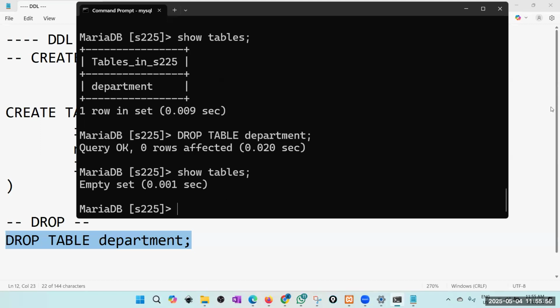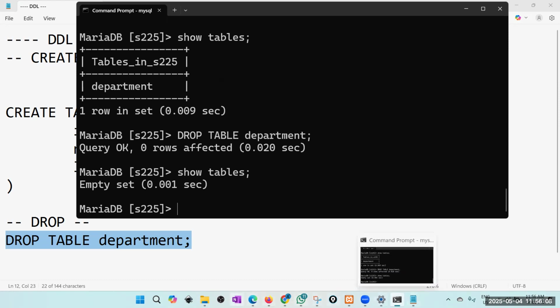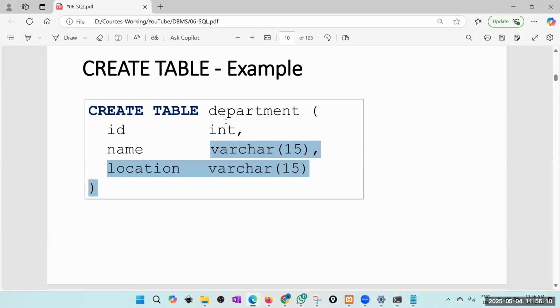That is no tables because you have dropped the table. Drop means if you have data it is also deleted, the table is also no longer there. Okay. Right. So you just created the table without any constraint, primary keys, nothing, right?